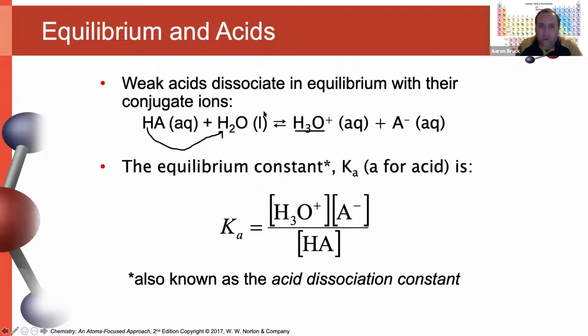Following our normal rules of equilibrium, recognizing that water is a liquid and that its concentration is going to be relatively constant, Ka in this case, because A is for acid and we're talking about the acid dissociation here, would be equal to the hydronium concentration multiplied by the concentration of A minus divided by the concentration of the weak acid HA. Ka is also known as the acid dissociation constant because that is the kind of equilibrium that it is describing.